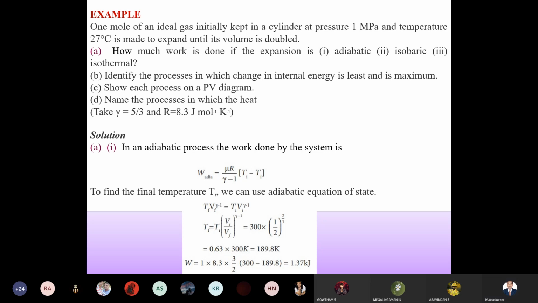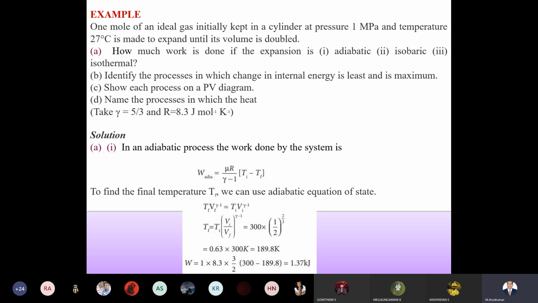So there is a question with all 3 processes. We have to know the equations of adiabatic, isobaric, and isothermal processes, and use all 3 equations.